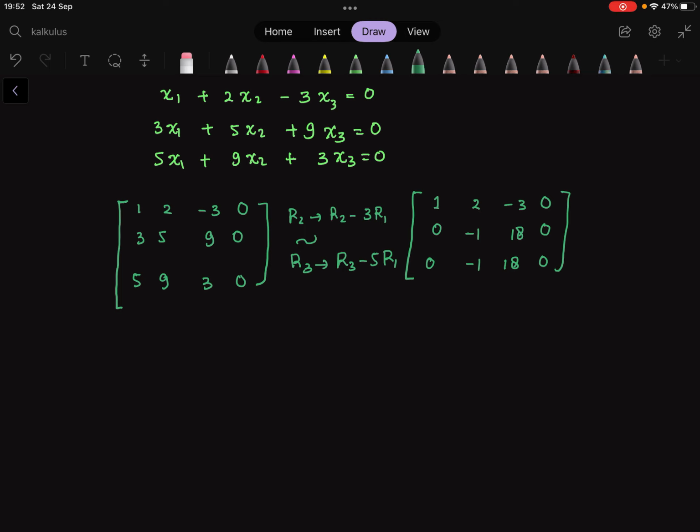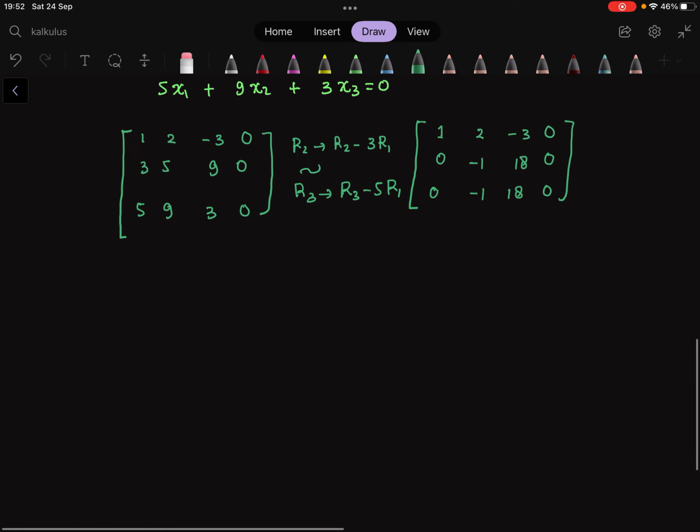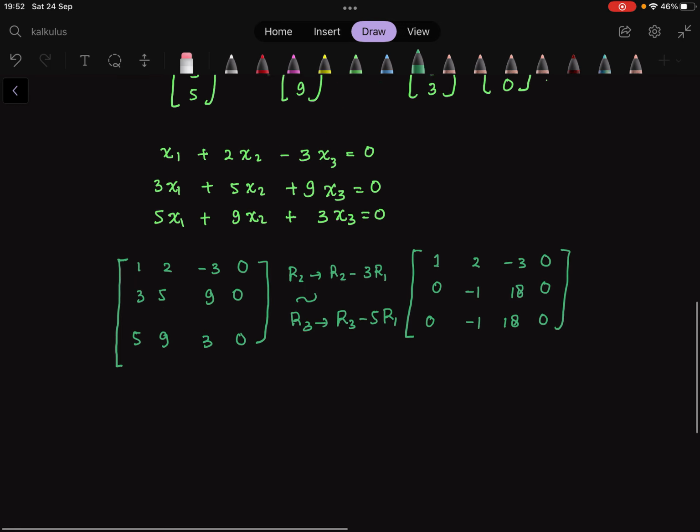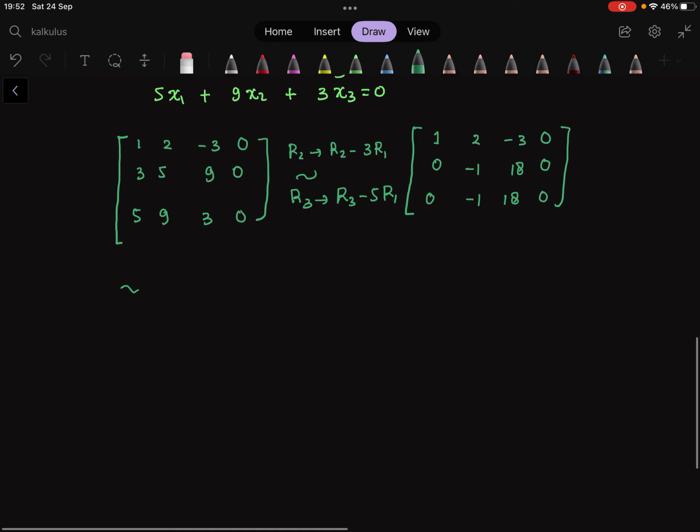Since we have row 2 and row 3 equal, we can eliminate row 3. So our matrix becomes 1, 2, -3, 0, then 0, -1, 18, 0, then 0, 0, 0, 0.